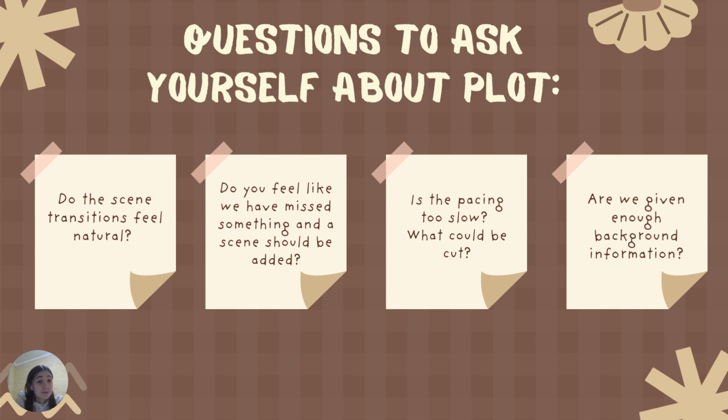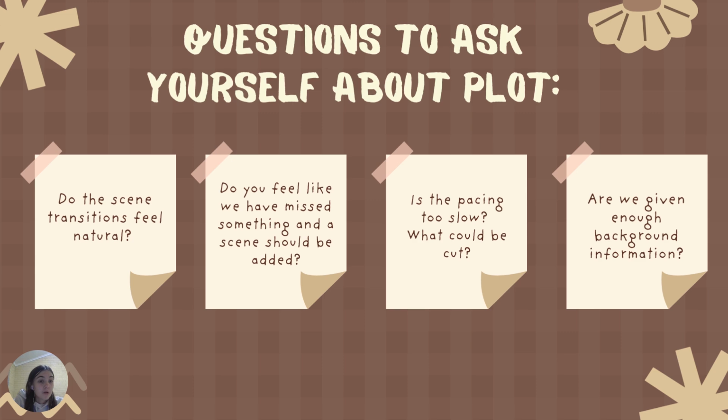Okay, so these are just some starting points to ask yourself about plot. There are so many more dimensions than I could cover, but again, a starting point. So do the scene transitions feel natural? Do you feel like we have missed something and a scene should be added? Sometimes you can make suggestions on what you think could fit, sometimes you can just leave it that you think something is needed.